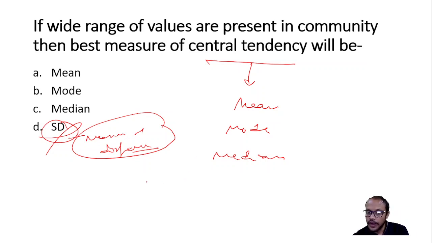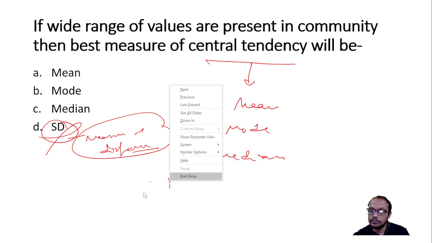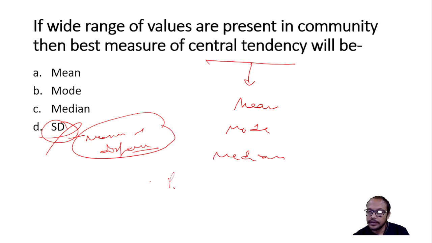Wide range of values, for example, in India, let us take per capita income. There are so many families, some have a per capita income of 300, some families have 3 crores.